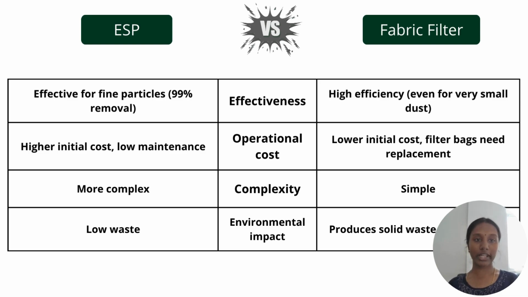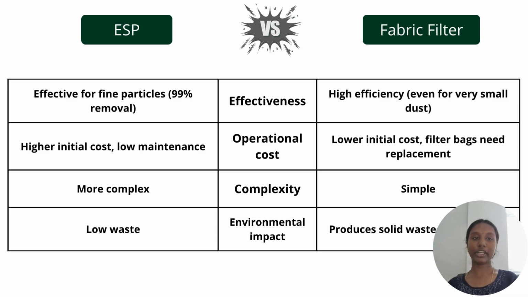It's because of the regular need for filter bag replacement, which increases maintenance cost even though it has a lower installation cost. In this case, ESP is more cost effective in the long term, while the fabric filter is cheaper at the beginning but costly to maintain.